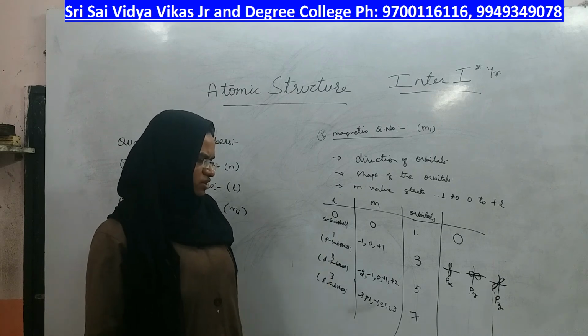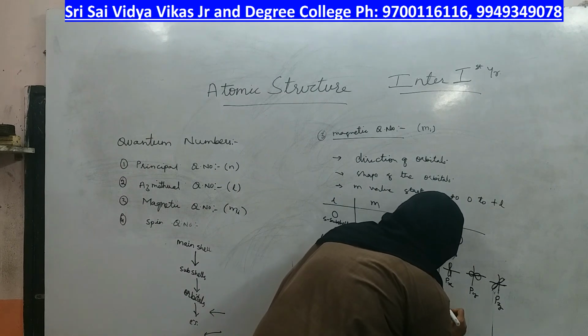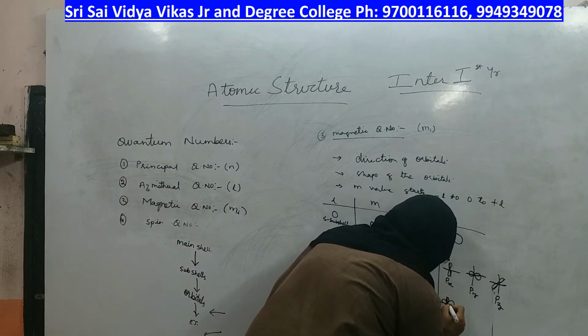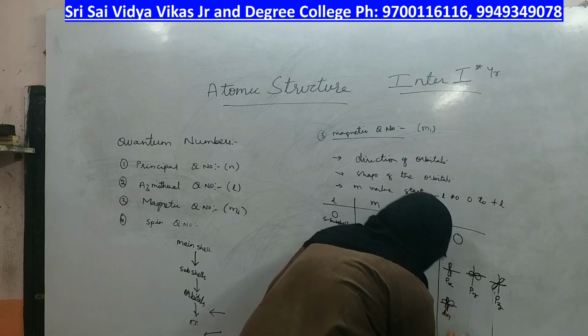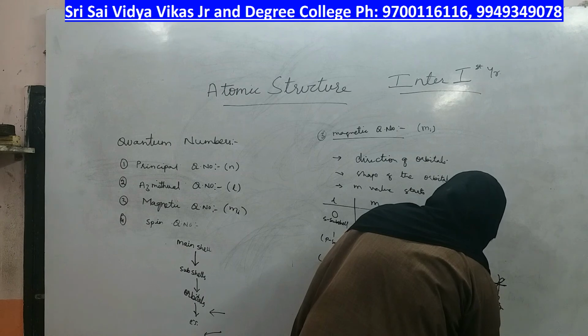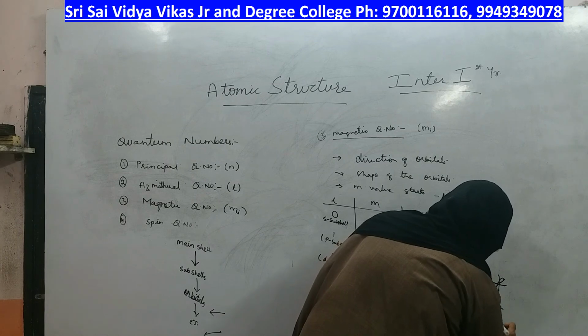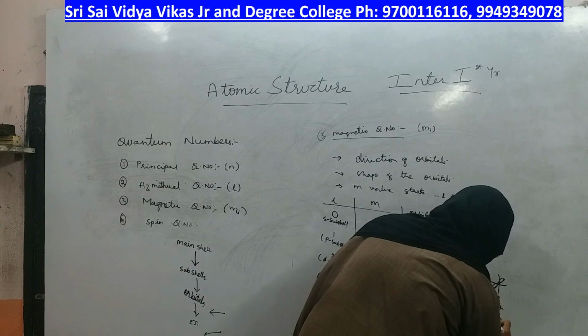Coming to the d subshell, it has how many orbitals? 5. One is dxy, other is dyz, other is dxz.